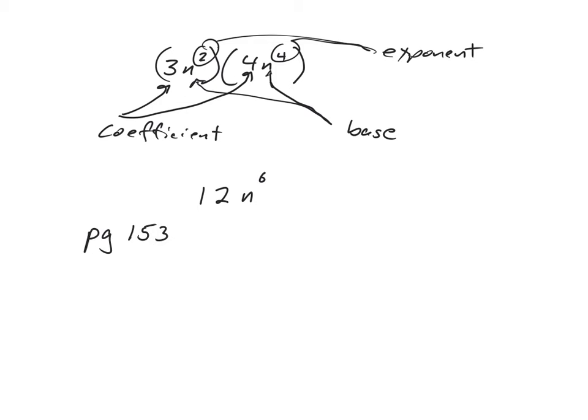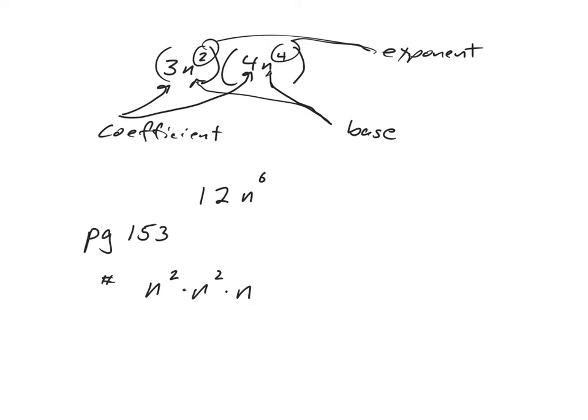So on page 153, let me start with an example, number 4. Number 4 is n squared times n squared times n. It's very important that you recognize that this is a multiplication problem, that these are all factors.